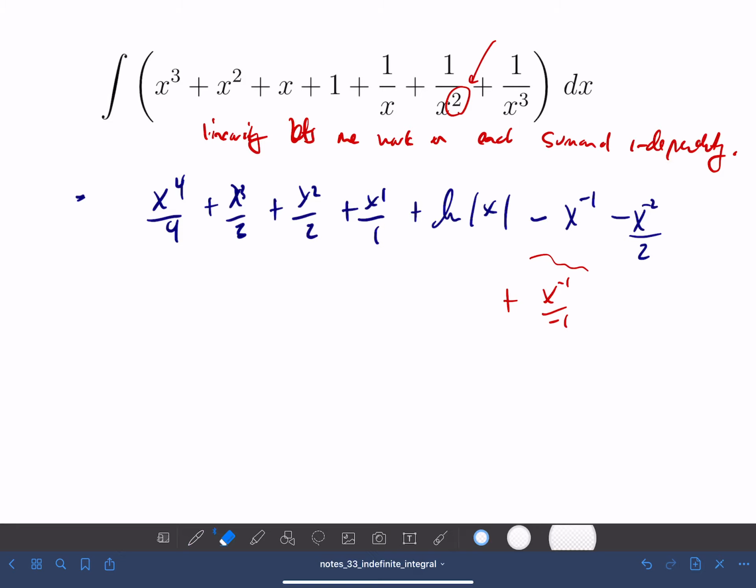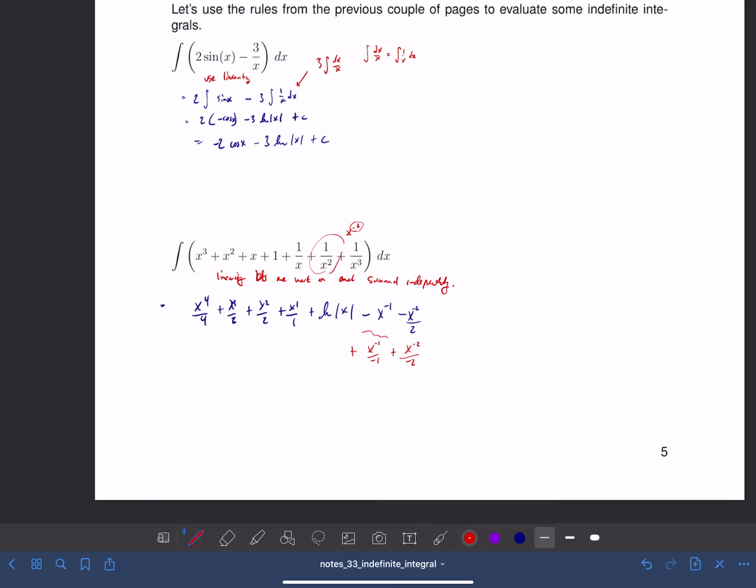Because that term right here, this thing is x to the minus 2. So that minus 2 is going to go to minus 1, and then I'm going to divide by it. Okay, let's turn the page.